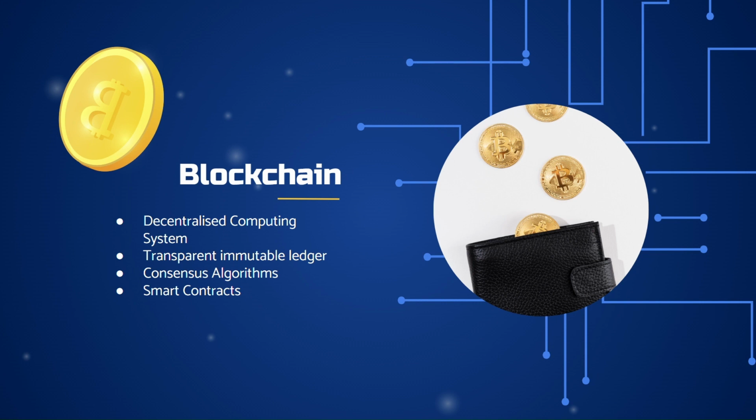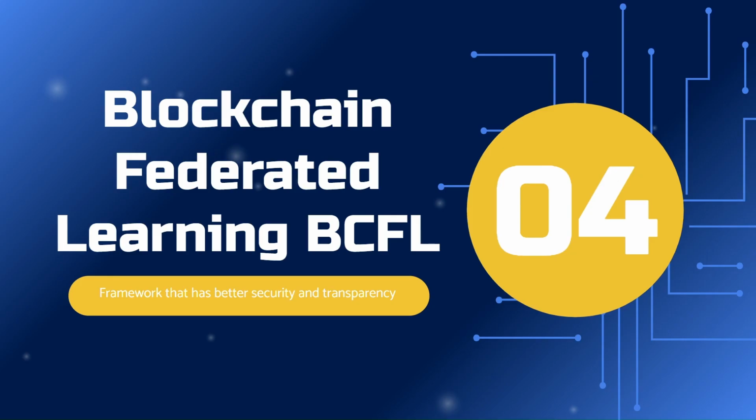The use of consensus algorithms enables smart contracts to be created to achieve a specific contract goal or outcome that is written with code. With what blockchain has to offer, it can be seamlessly integrated with federated learning to eliminate the shortcomings that traditional federated learning faces, by using the decentralized nature of blockchain with the decentralized nature of devices in the federated learning network.